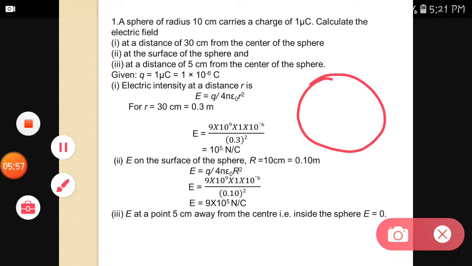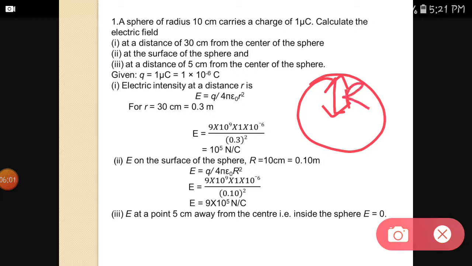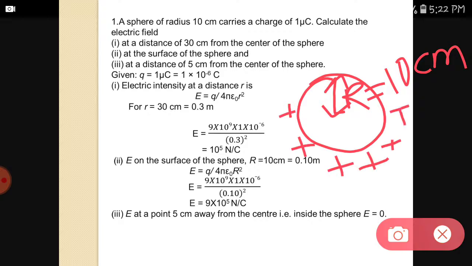A sphere which is conducting. The radius of this sphere is 10 centimeter. Right? This is conducting. And we are going to find out the electric field intensity at a distance of 5, that means maybe here.